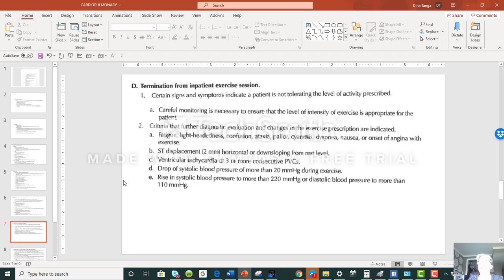ST displacement, 2 millimeters horizontal or downsloping from rest level. Ventricular tachycardia or 3 or more consecutive PVCs. Drop of systolic blood pressure more than 20 during exercise, rise in systolic blood pressure more than 220, or diastolic pressure to more than 110.